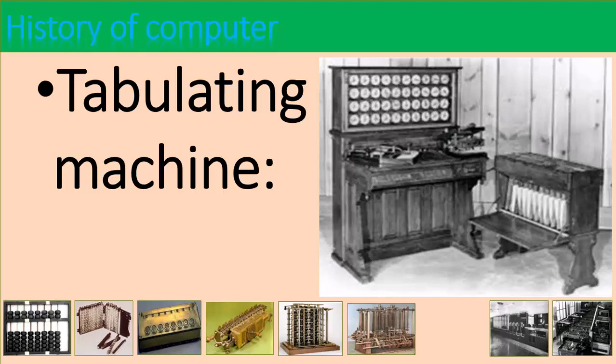It could tabulate statistics and record or sort data or information. This machine was used in the 1890 United States Census. The Tabulating Machine Company later became International Business Machines, known as IBM, in 1924.